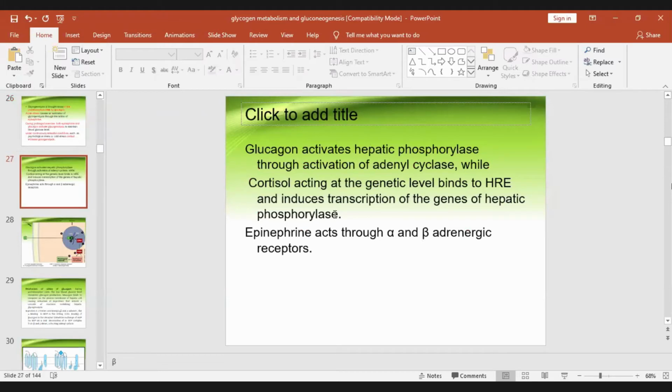What is the mechanism of their action? Glucagon activates hepatic phosphorylase through activation of adenyl cyclase. Whereas cortisol, acting at the genetic level, binds to the hormone responsive element and induces transcription of the genes of hepatic phosphorylase. Epinephrine acts through alpha and beta adrenergic receptors, which you have seen. I will explain once again.